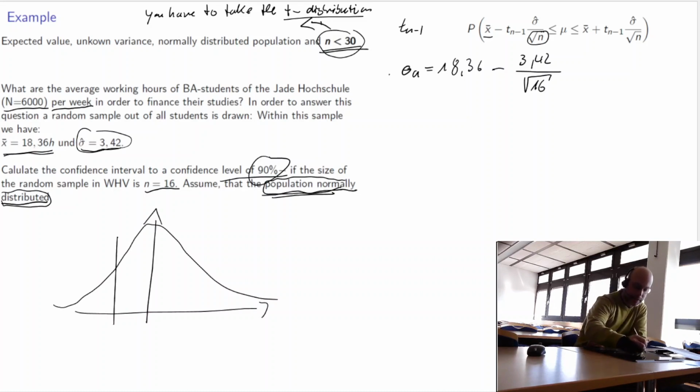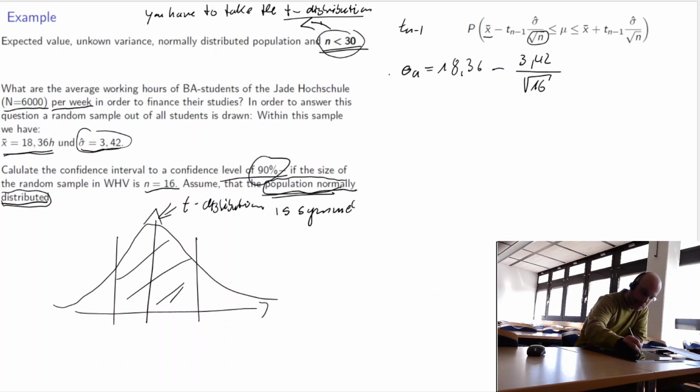So for a two-sided confidence interval, again, we know that if this area should be 90%, then this area and this area have to be 5%.